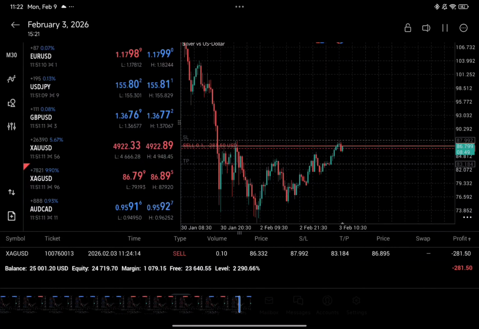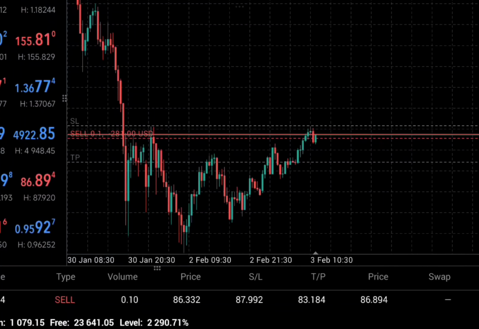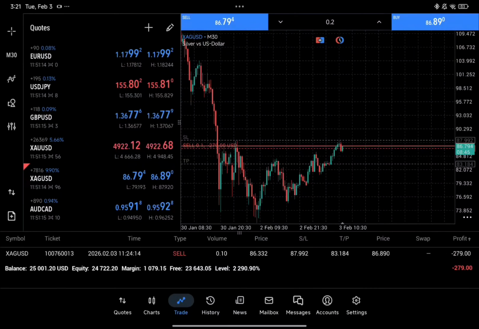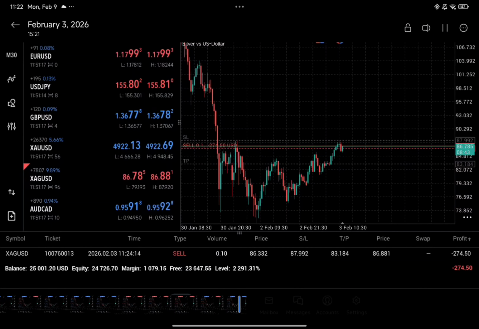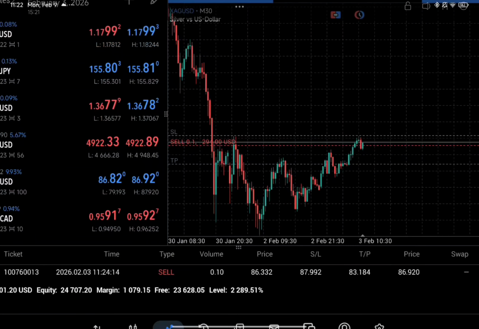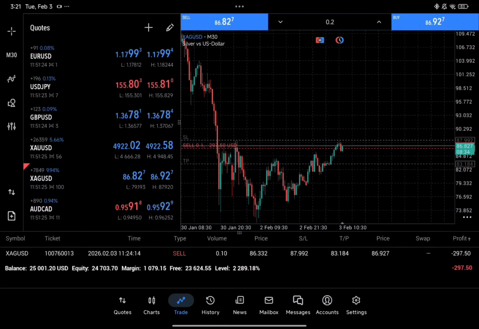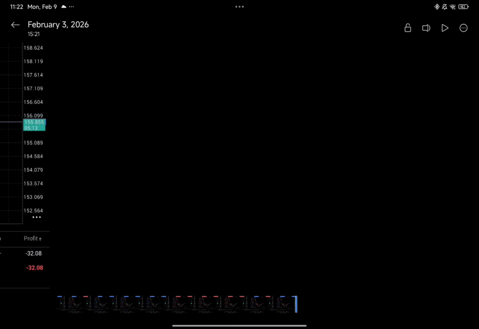We moved into drawdown, and I closed this trade with a loss of roughly around $300. So yeah, I closed this trade with a $300 loss.